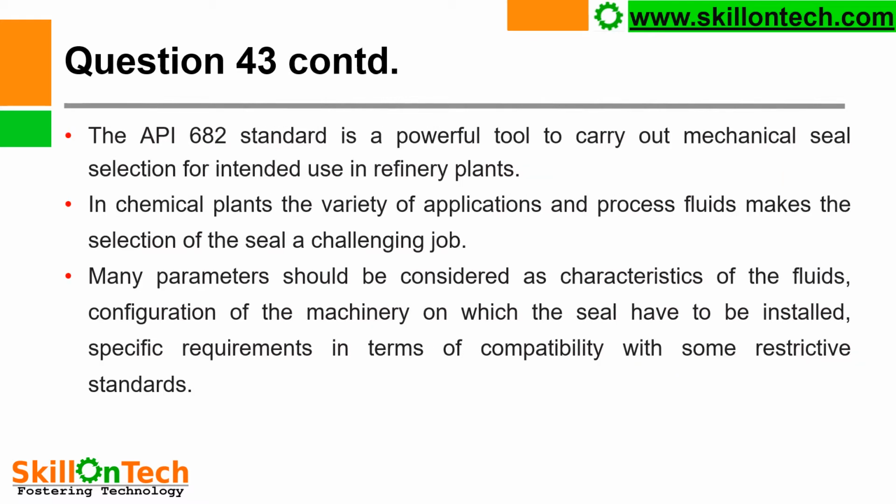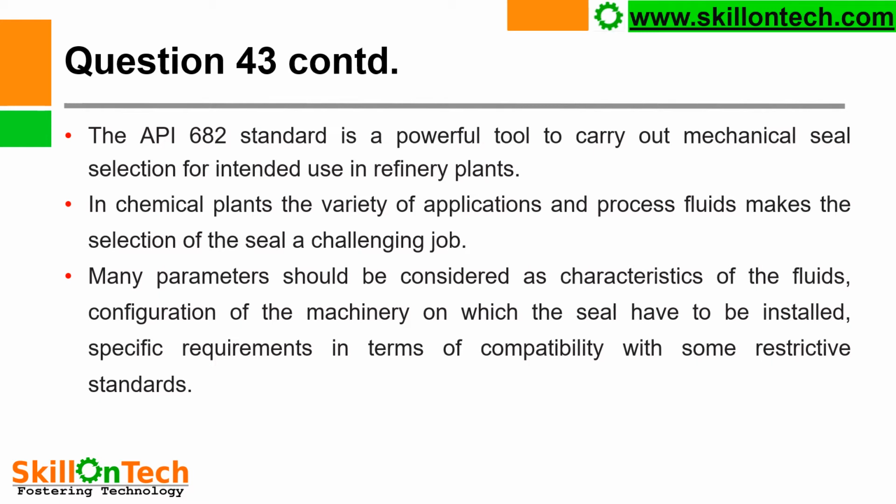The API 682 standard is a powerful tool to carry out mechanical seal selection for intended use in refinery plants. In chemical plants, the variety of applications and process fluids makes the selection of the seal a challenging job.